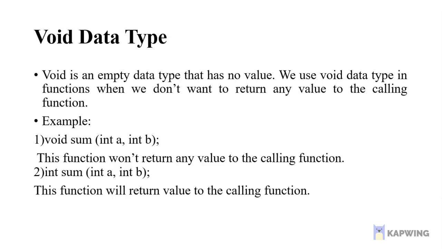Suppose we take the example void sum(int a, int b); this is the declaration. This function won't return any value to the calling function. Next comes int sum(int a, int b); this will return the value.